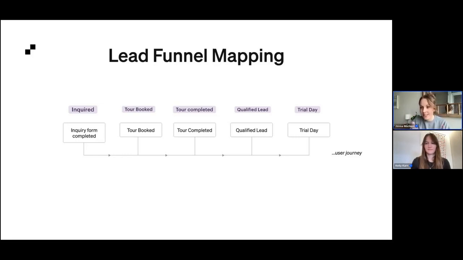So for instance, this is an example of maybe an organization that has a gated community. So you are requiring an inquiry form or an application before you let that member purchase their membership or a day pass. And you might have a different definition of a lead.